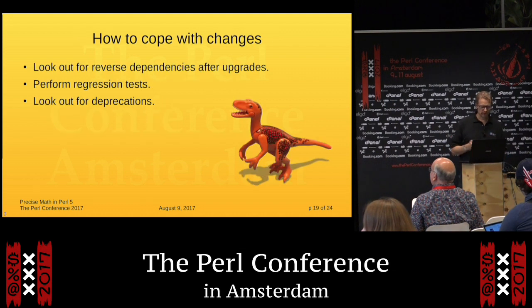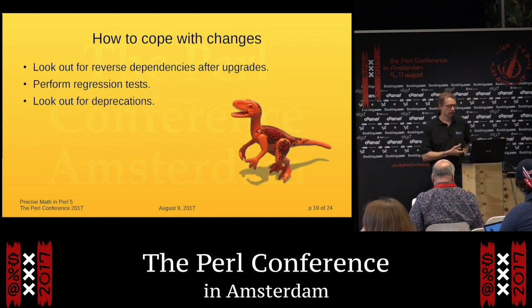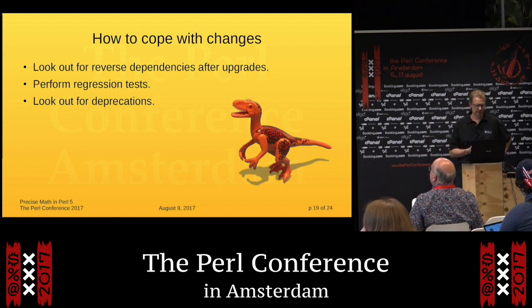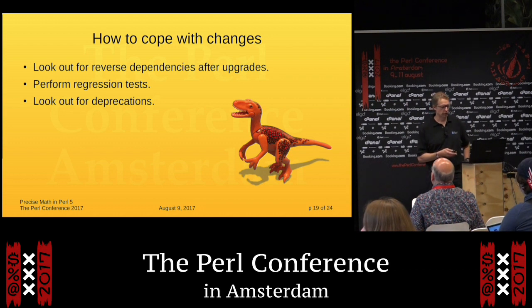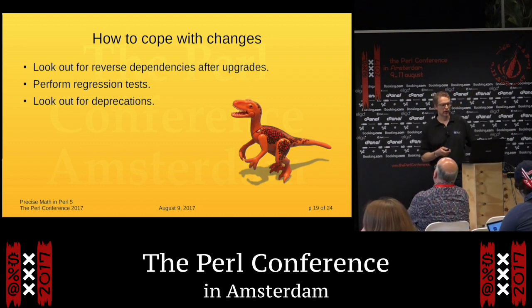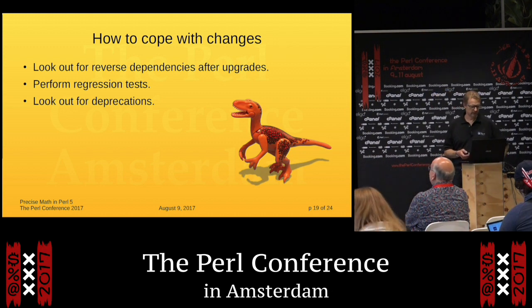For module users, how to cope with changes. Look out for your reverse dependencies. As I said, the toolchain won't do that automatically for you. Of course, you can employ meta-cpan and look reverse dependencies up, but these are only those that are also on CPAN, not in your own module infrastructure.